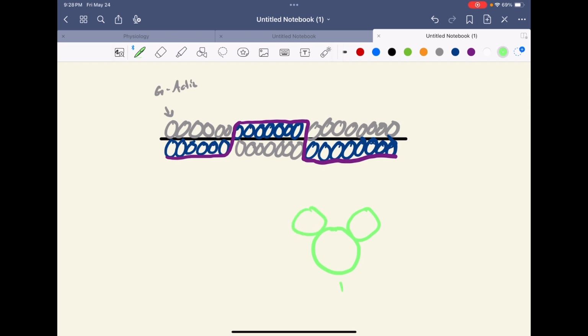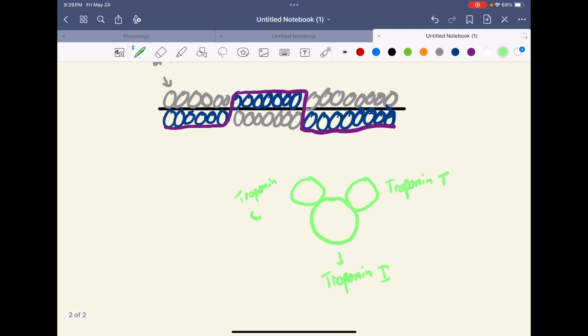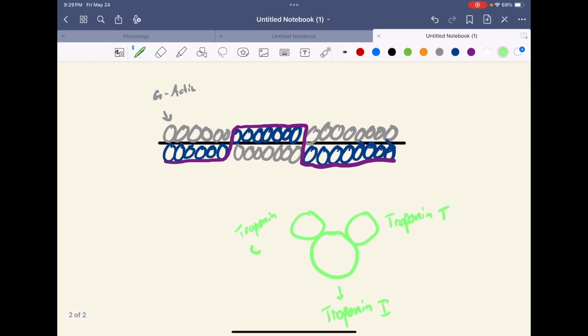So the first is troponin I, and then we have troponin T, and then we have troponin C. So troponin I is what binds to the tropomyosin here. So it would bind like this. So this is I. This would be T, and this would be the troponin C.